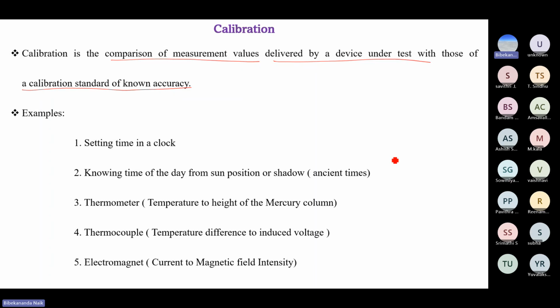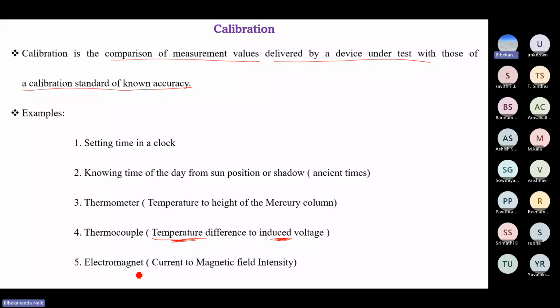With respect to the difference between the two temperatures, an EMF is induced between the two wires. From that voltage value we calculate the temperature. So in a thermocouple, the temperature difference is calculated in terms of the induced voltage. So the thermocouple is calibrated by comparing the temperature difference to the voltage it induces in the voltmeter.